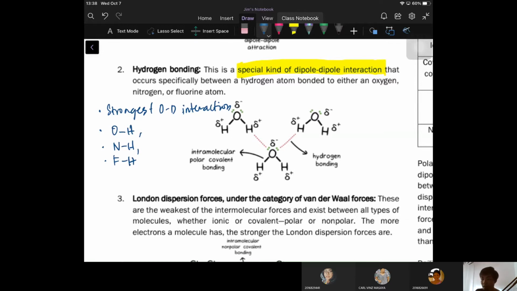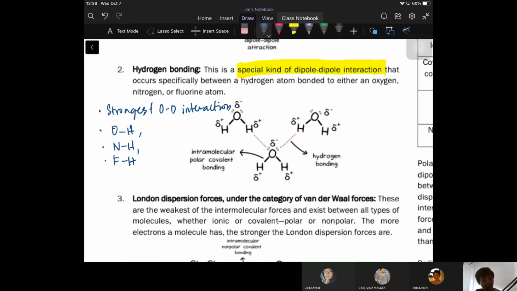Yung temperature ng Earth usually around 90 degrees Celsius yan dati, almost 100, kasi exposed yung lava sa Earth. So if ang boiling point ng water or ang intermolecular force ng water ay mababa yung boiling point, so life would not be possible. Kasi 'di ba, if I don't know if familiar kayo sa primordial soup.